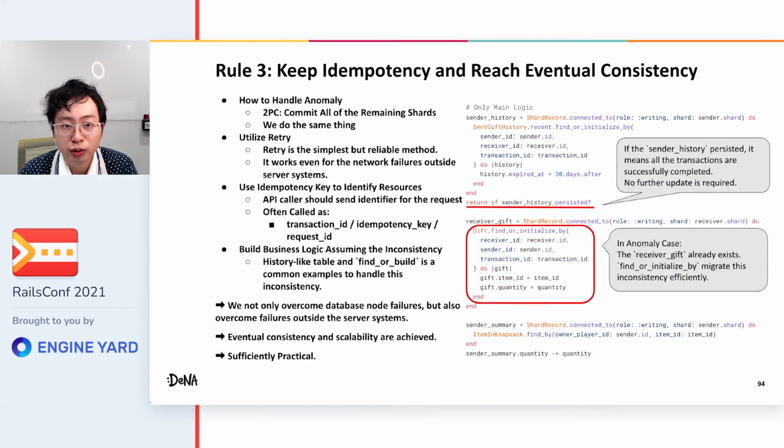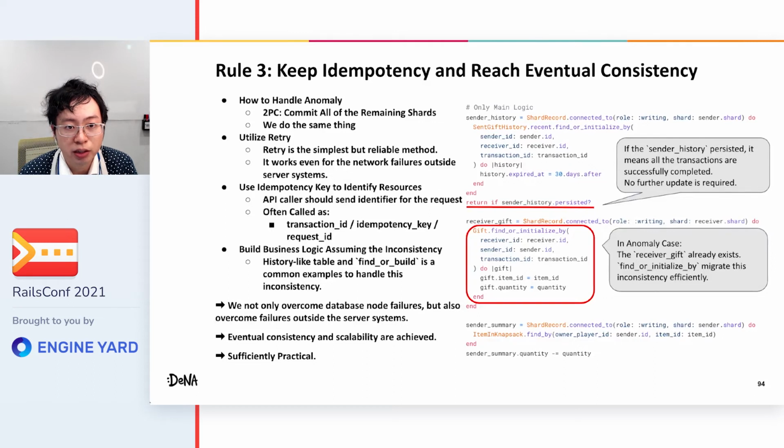Then, here comes Rule 3. Keep idempotency and reach eventual consistency. The proposed solution utilizes retry because retry is the simplest but reliable method. Actually, it works even for network failures outside the server systems. In order to utilize retry, we have to use an idempotency key to identify the resources.